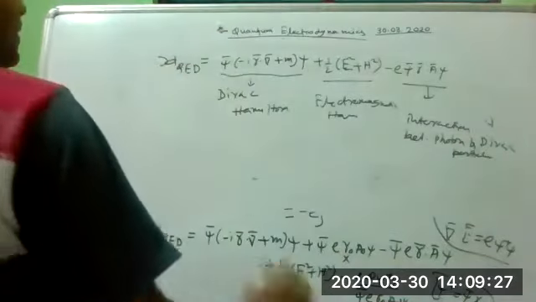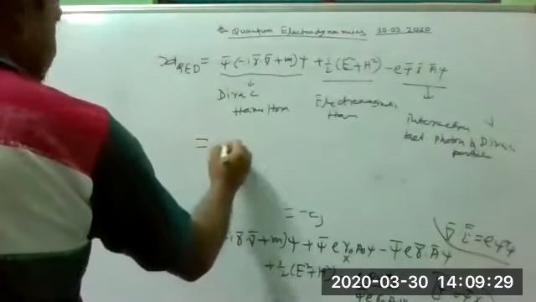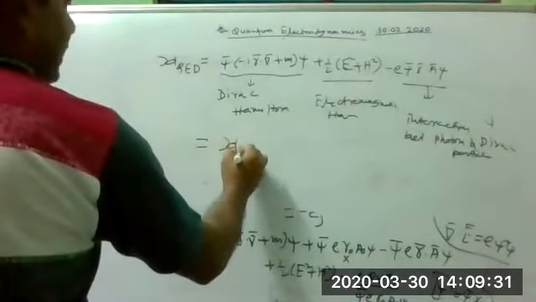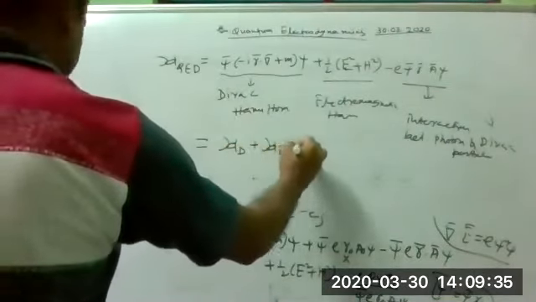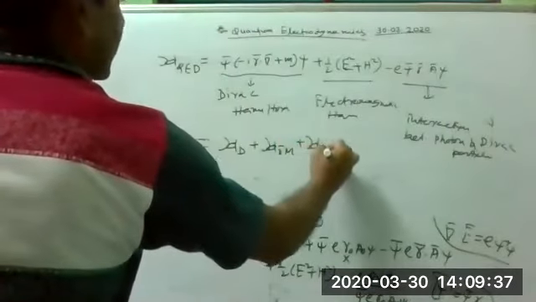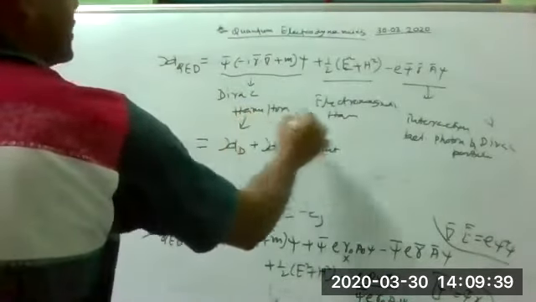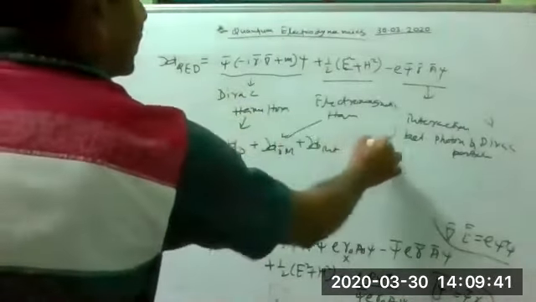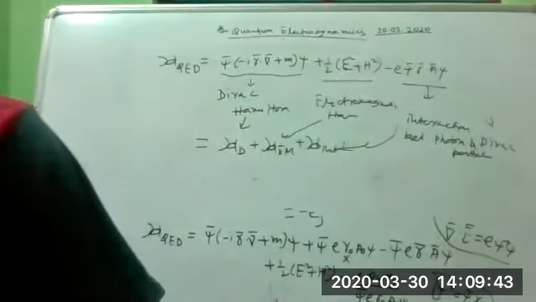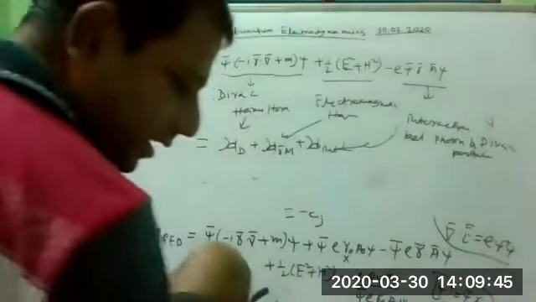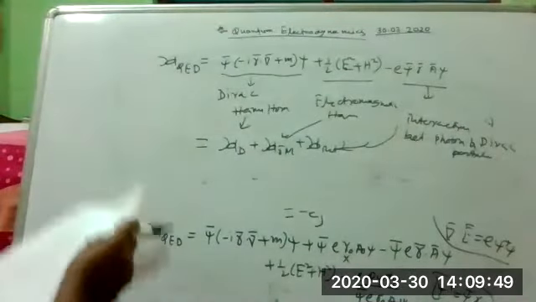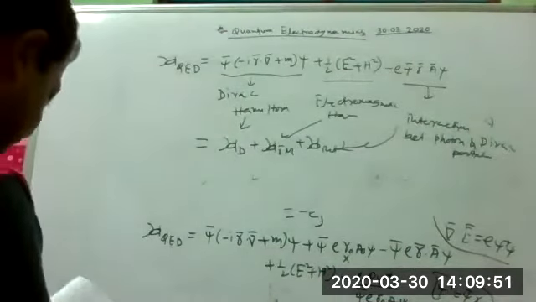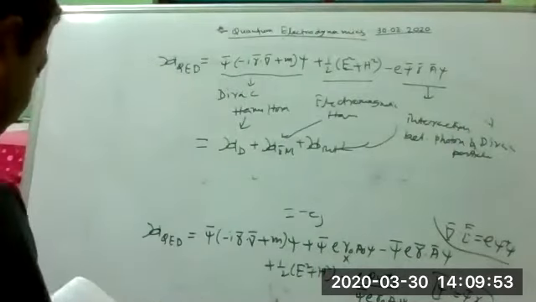This is also written as H_D plus H_EM plus H_interaction. This is called H_D, this is called H_EM, and this is called H_interaction. This is the Hamiltonian of this system.